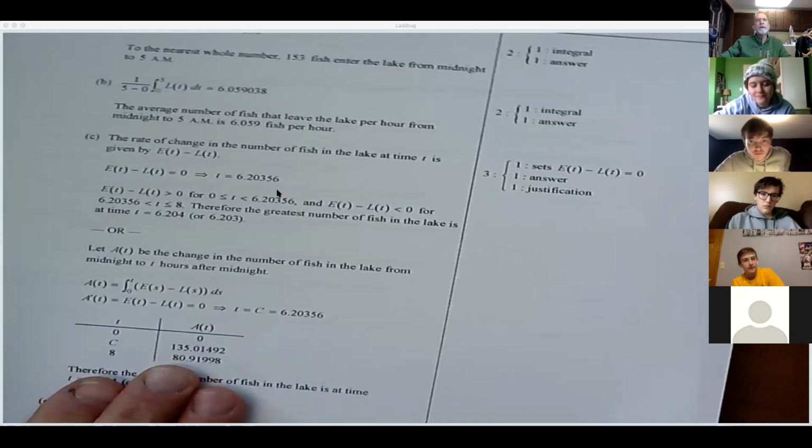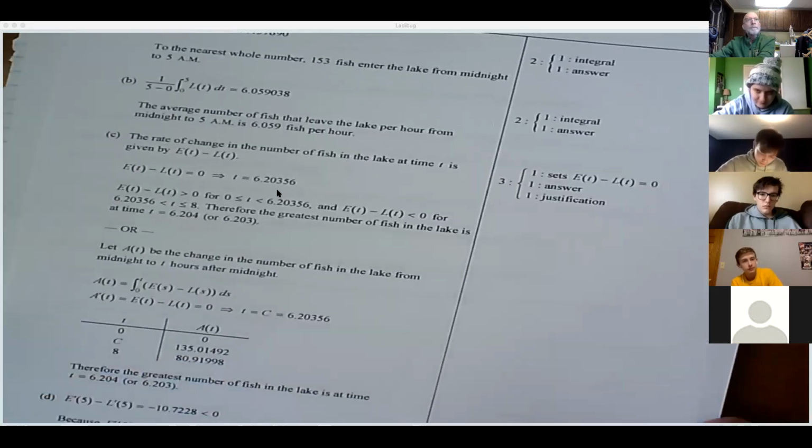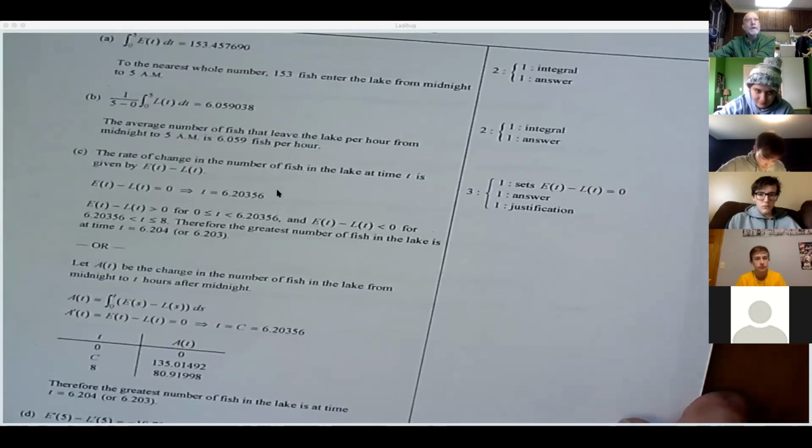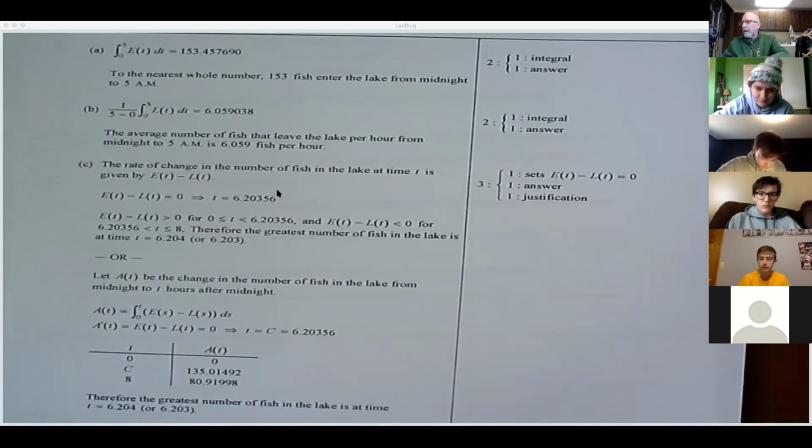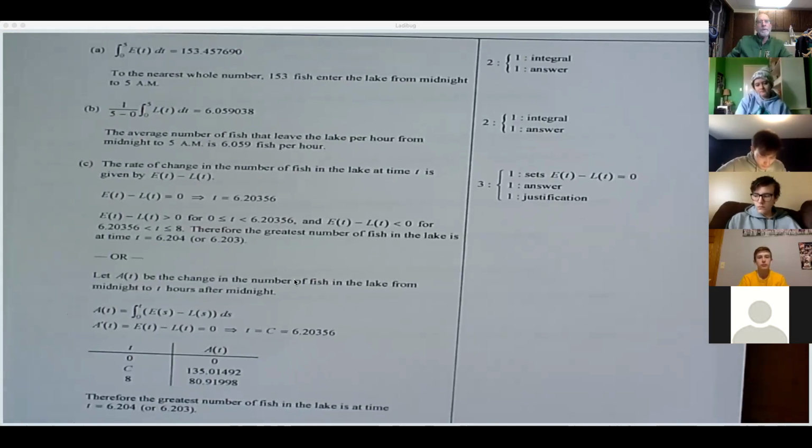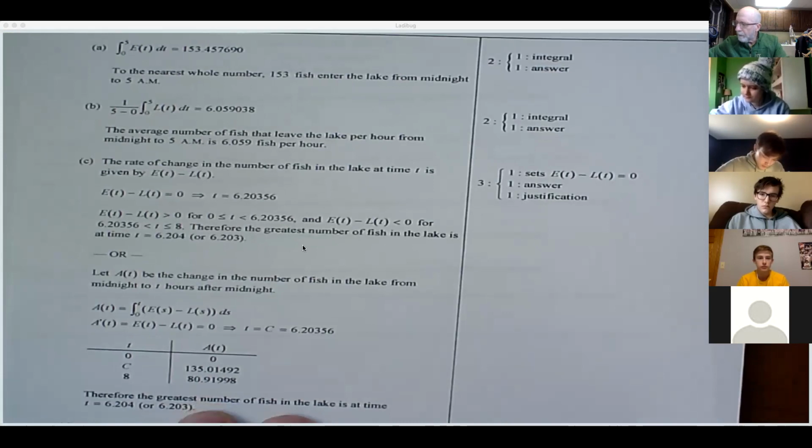So there are a couple of different ways to do this problem. You have to find the critical number. Now, since it's a closed interval, and you're trying to find the maximum number of fish, I always look at the two endpoints and the critical number.